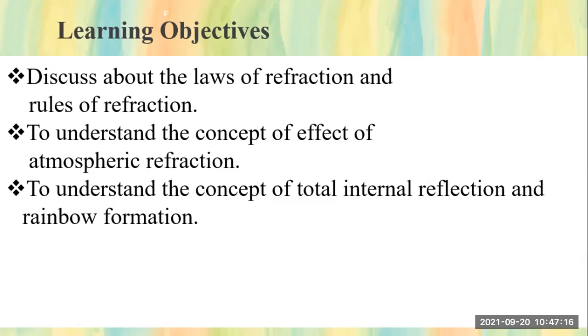In the atmosphere, students, how does refraction take place, what are the effects of this atmospheric refraction, we are going to understand that. Again, we are going to understand the concept of total internal reflection and rainbow formation. In this chapter, students, we are also going to learn how a rainbow forms. Sometimes in the rainy season we see a rainbow. So how this rainbow formation takes place, all these things we are going to learn in this chapter.